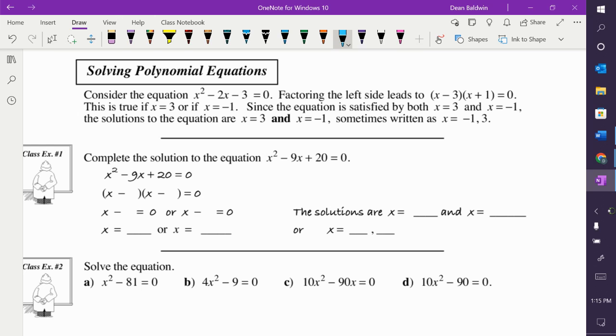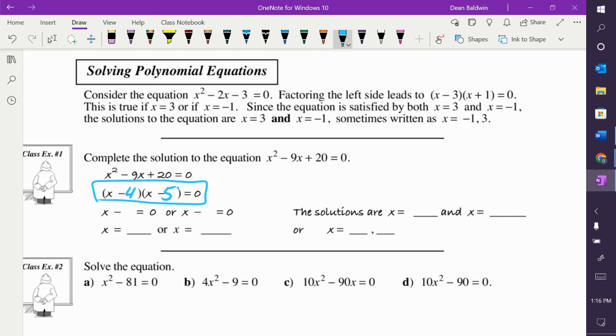This is a factoring unit, so factor it. We're asking ourselves, what multiplies to 20 and adds to negative 9? Negative 4, negative 5. So I get x minus 4, x minus 5 is equal to 0. All I did was factor this polynomial, and it still equals 0.